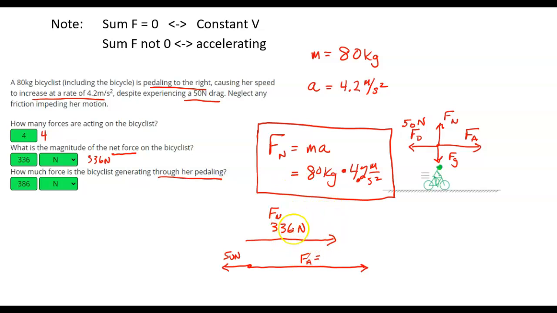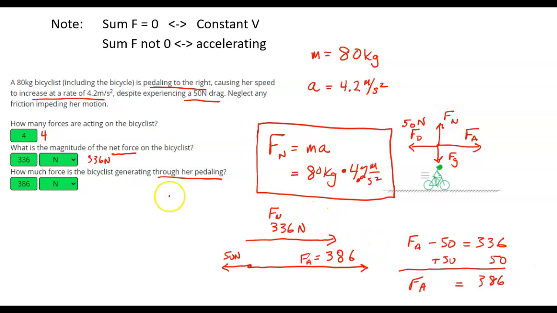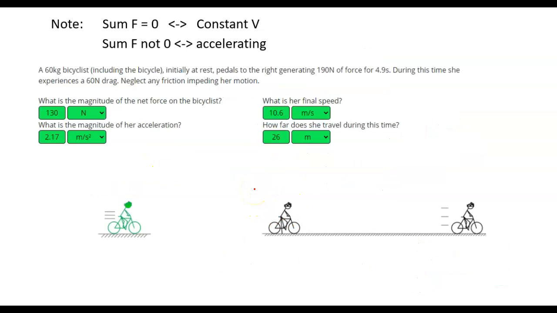Well, whatever this is, minus 50 has to equal this. So F A minus 50 has got to equal 336. We add 50 to both sides, and you get our applied force is 386 if you like to do it with a formula. So we get 386 newtons, and we're good. All right, next problem.